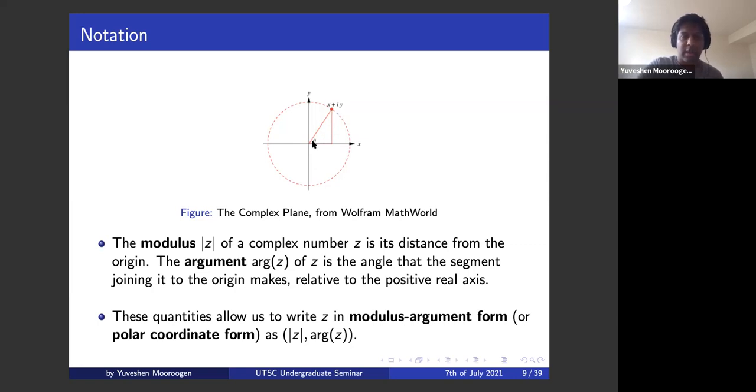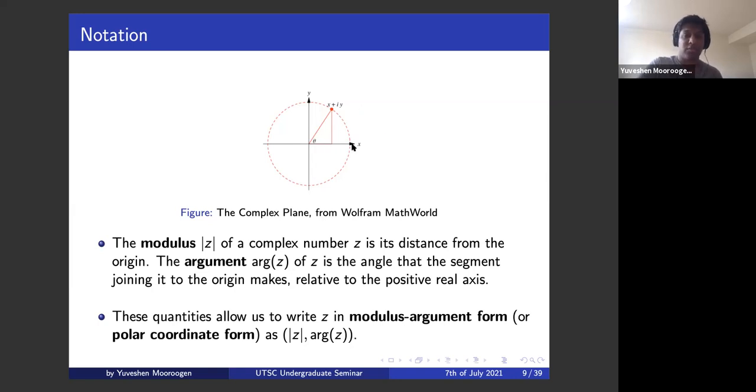But I could also look at its distance from the origin. I'm going to call this quantity the modulus and write it as absolute z. And I can also look at the angle that my point makes with respect to the positive real axis, the x-axis. This I'm going to call the argument, and denote it arg z.